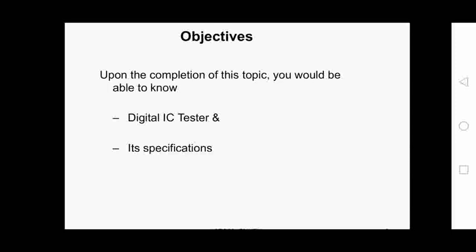As you already know, specifications are the manufacturer's given instructions or test conditions for safe operation of the instrument, for the safety of the equipment as well as for the user who is going to work on it.